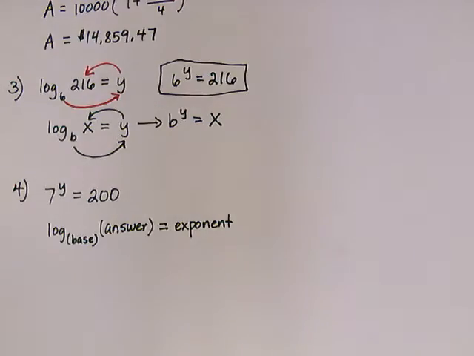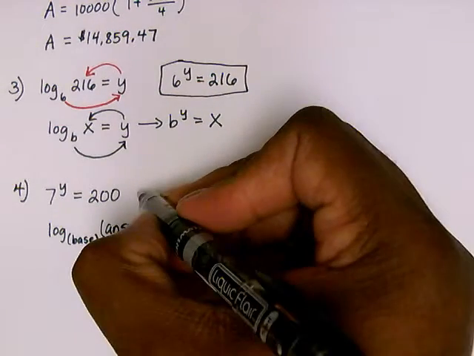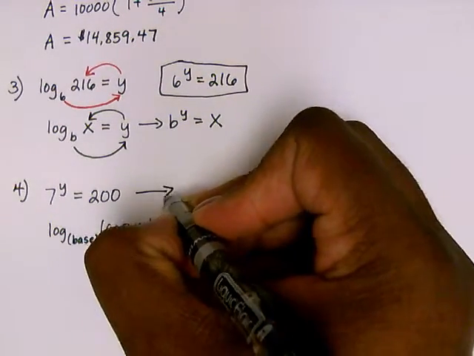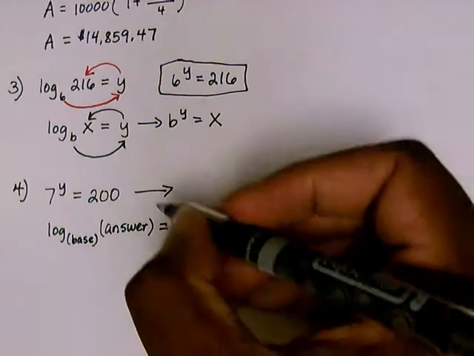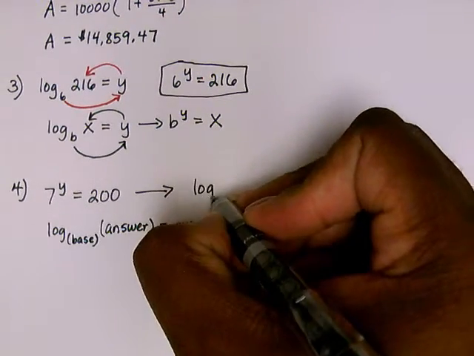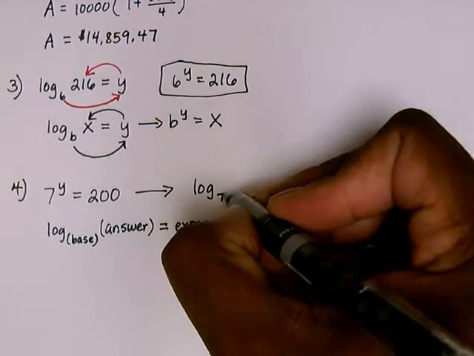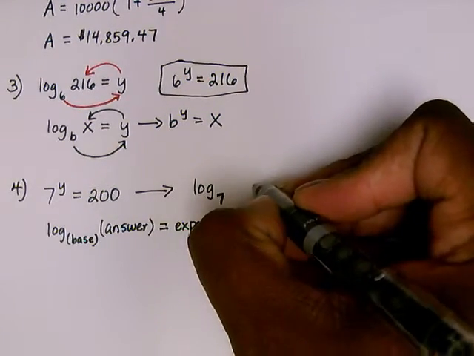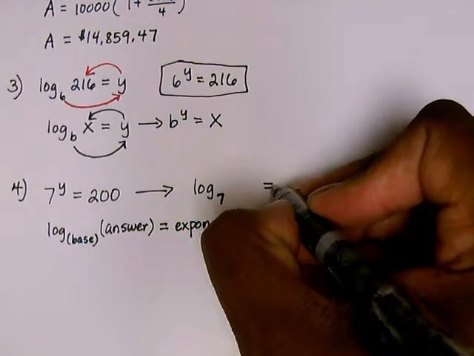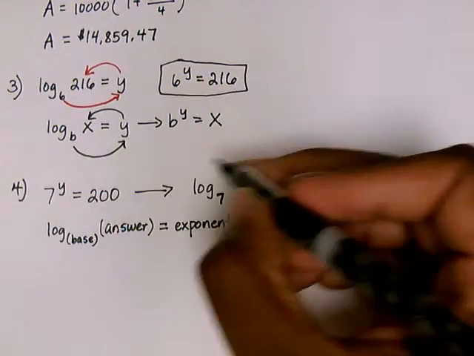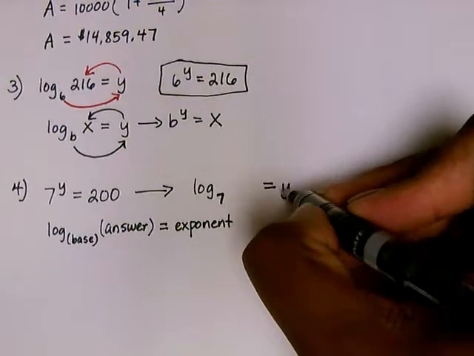So, if I want to write 7 to the power of y equaling 200 in logarithmic form, then I need a log. This 7 is going to be the base. The y, which is your exponent for the 7, is going to go after the equal sign.